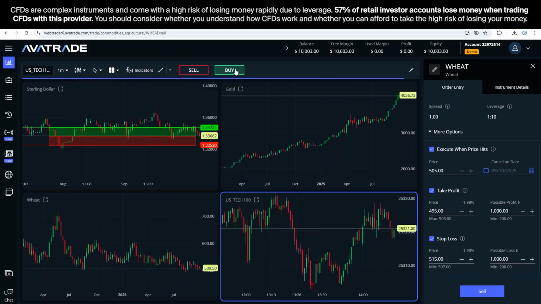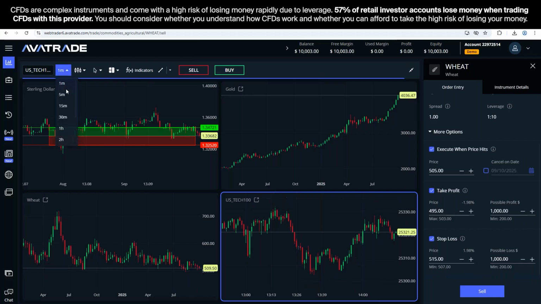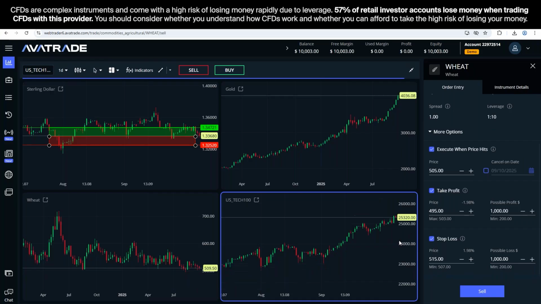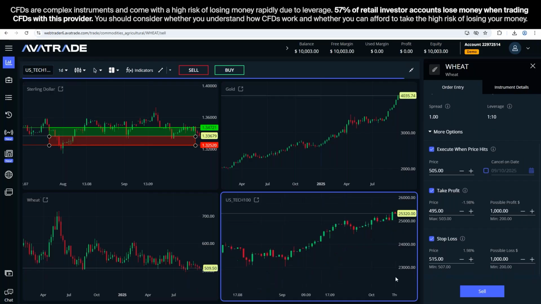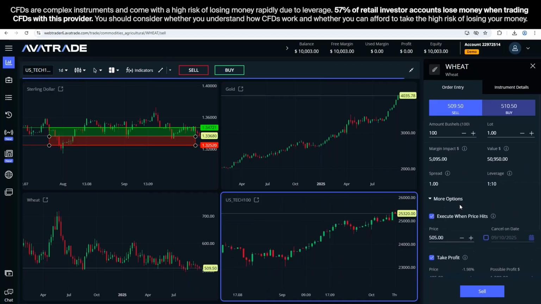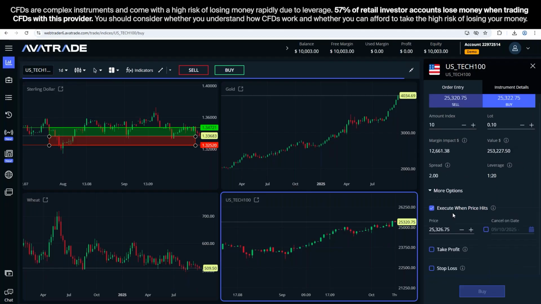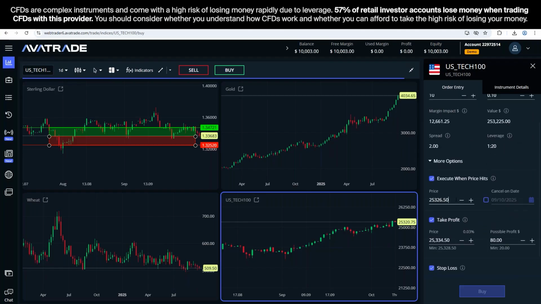Okay, and our last candidate is going to be Nasdaq. Let's have a brief look at what's going on here. Yeah, let's go with a buy. It seems quite bullish, still has the potential, broke the resistance. And with Nasdaq, actually, let's go 0.1. And with 0.1, we're going to select execute when price hits, take profit and stop loss.